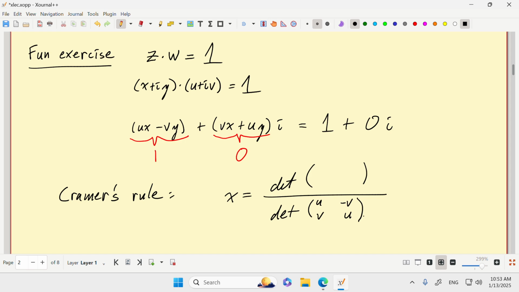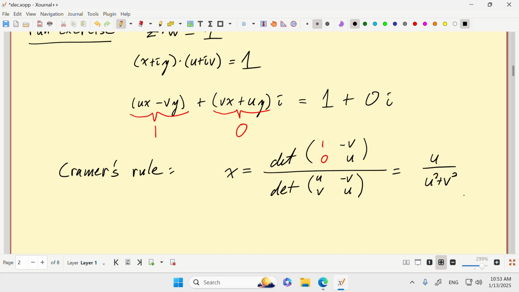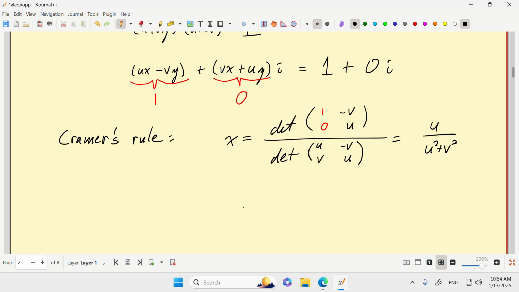Anyway, when you do Cramer's rule, for the x, you leave this thing here, and then you put the 1 and the 0 in that column. And of course, you get that it's u over u squared plus v squared. And similarly, when you do the y, you get the same thing you would expect from the junior high method.